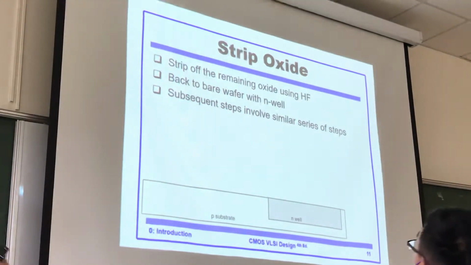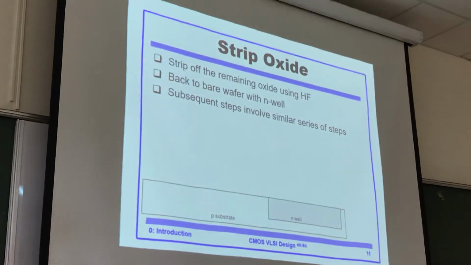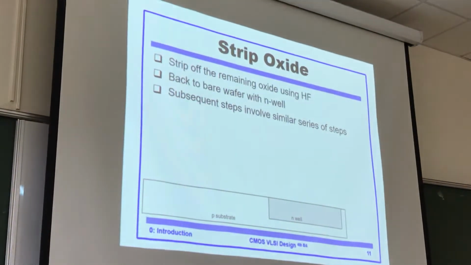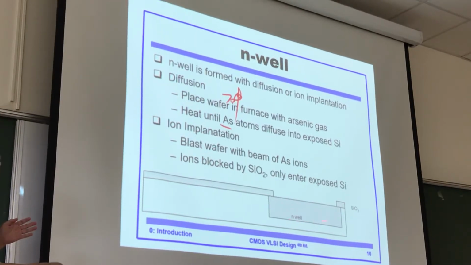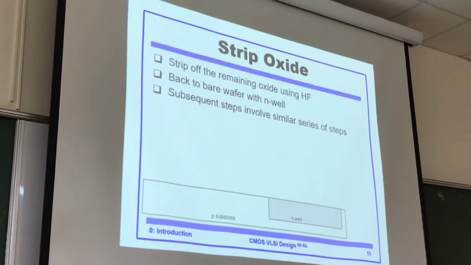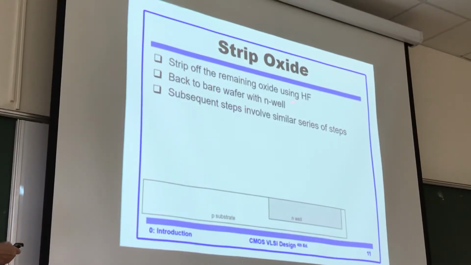And we can again strip the oxide, remove the top layer of oxide. The reason we want this SiO2 is that we want to build the N-well inside the silicon wafer. And then we are back to a bare wafer with an N-well. Now we are done with the first layer, that's the N-well.